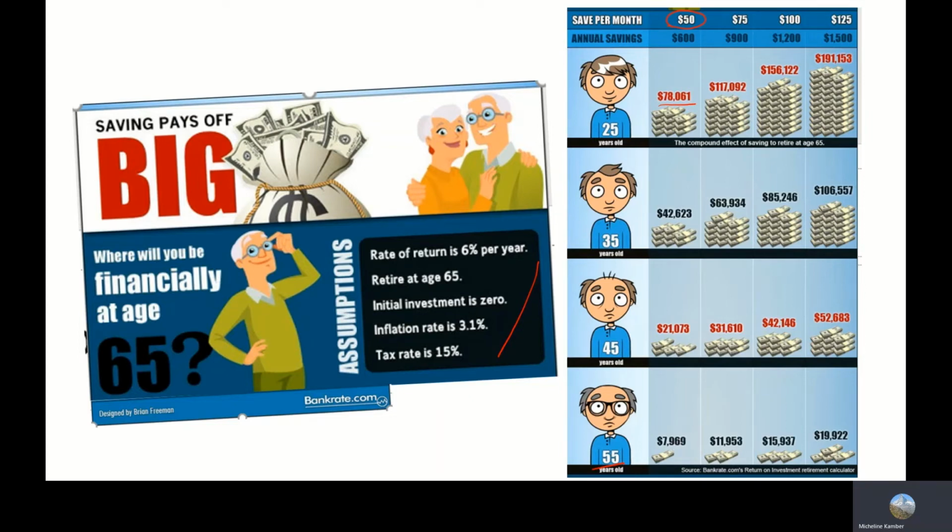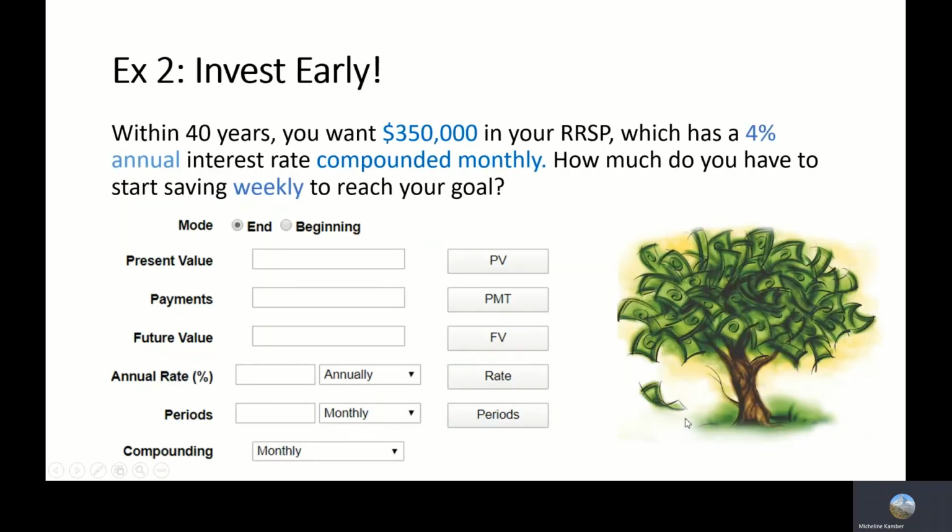And even if you just invest for a few years when you're young, starting now, and then leave that money there and don't add another penny, you can end up earning way more than someone who contributes more but during less time. So speaking of investing early, here's another example.